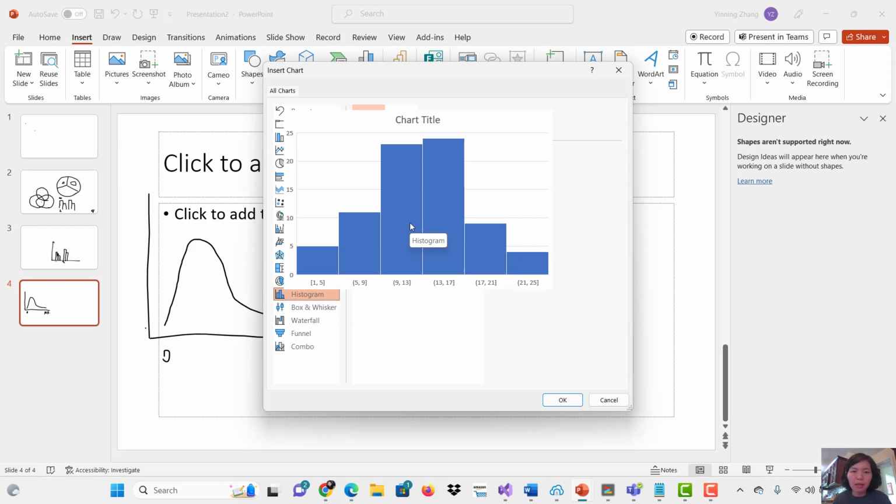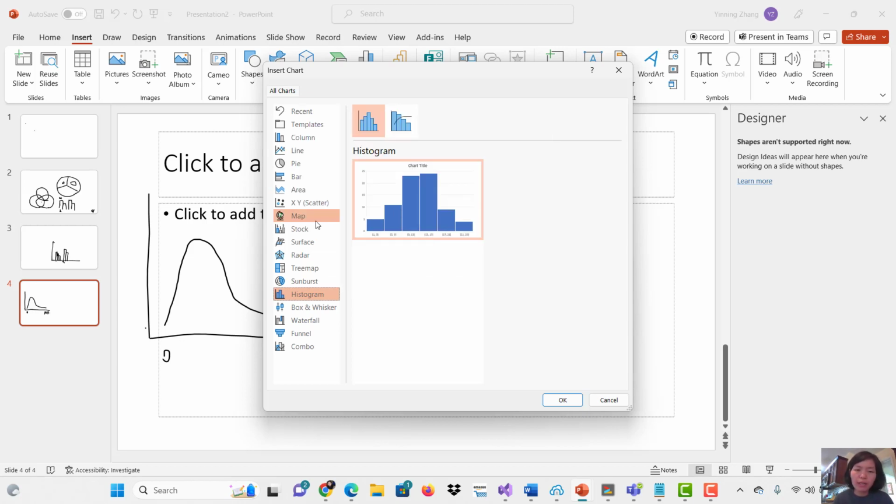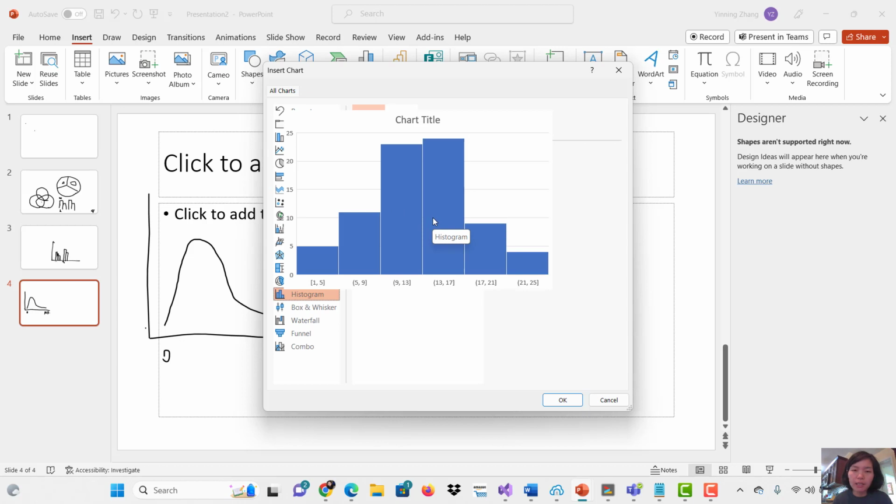This third bar shows over 20 people, their score is between 9 and 13, right? And the next one shows that there are more people, almost 25 people, their score is between 13 and 17. And this one is almost symmetric, which means the data on the right and the left is almost the same.